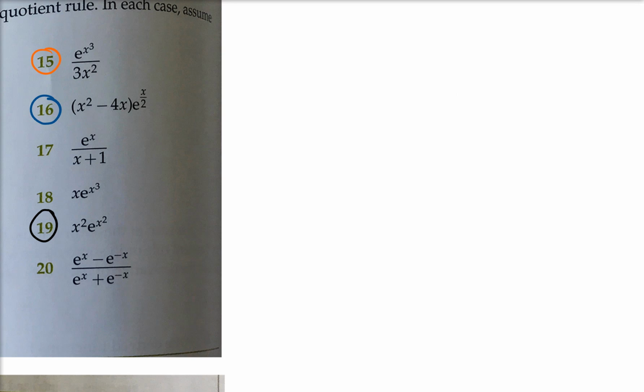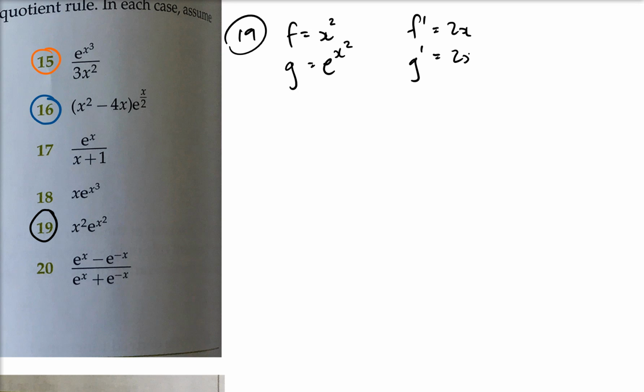So 19. Notice how I'm writing down f equals x squared, so f dash is 2x. g is e to the x squared, so g dash is 2x e to the x squared. And again, the product rule. When I multiply two together, the derivative is: I write down the first one, differentiate the second, plus write down the second, differentiate the first.